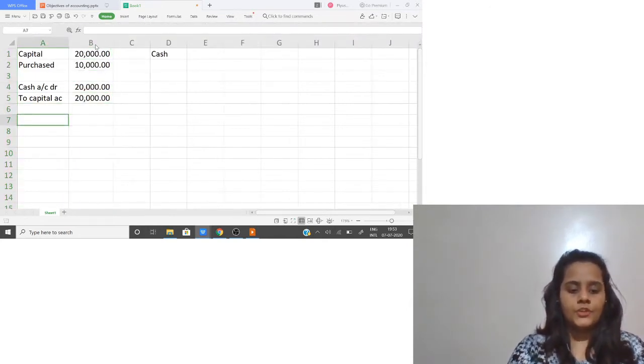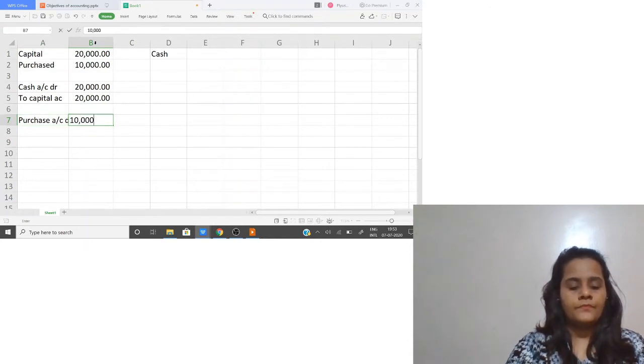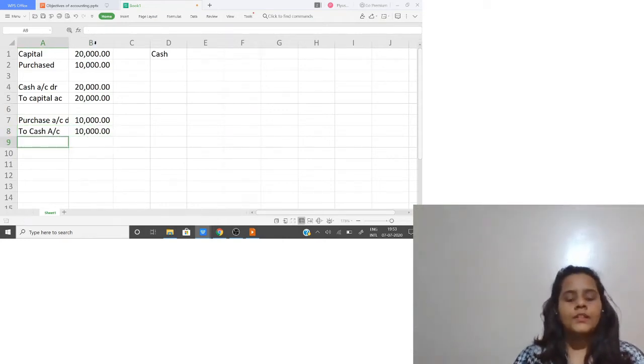The second entry will be purchase account debit 10,000 to cash account 10,000. Now, these are known as journal entries.